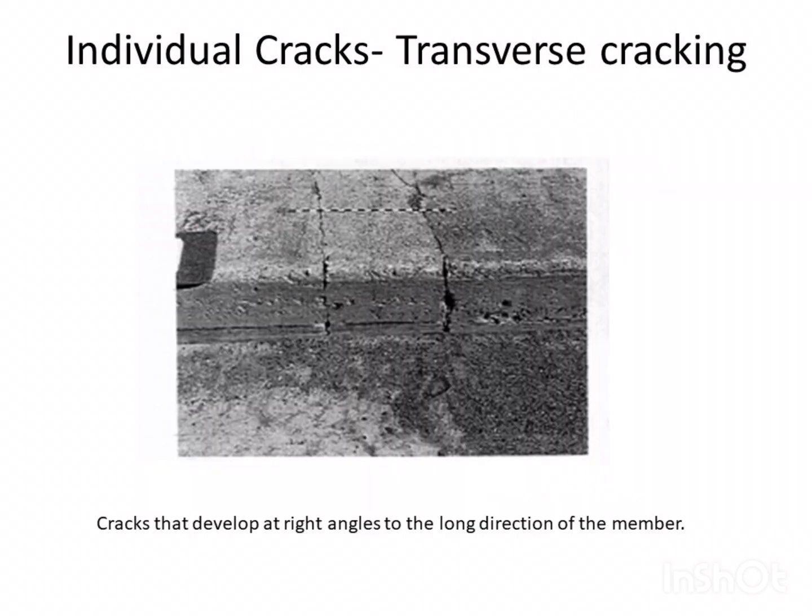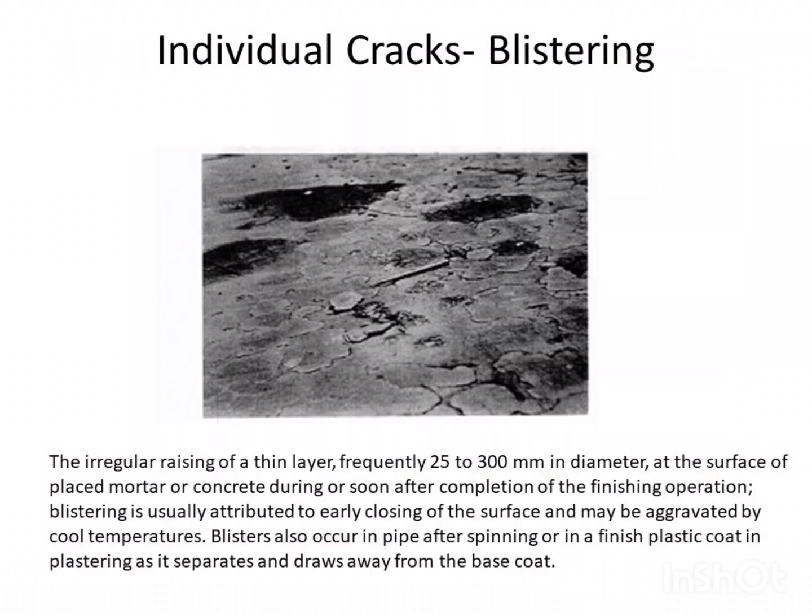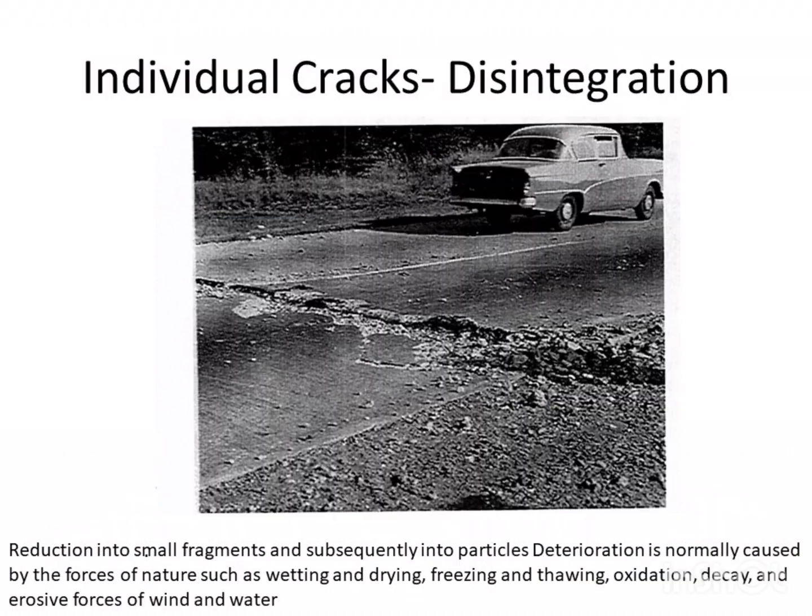So in transverse cracking, cracks develop at right angles to the longer direction of the member. So this indicates bending. Blistering cracks are irregular raising of a thin layer, frequently 25 to 300 mm in diameter, on the surface placed in mortar.